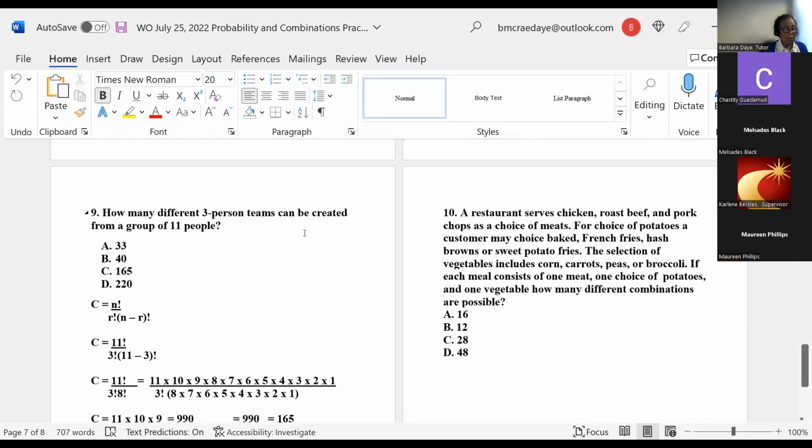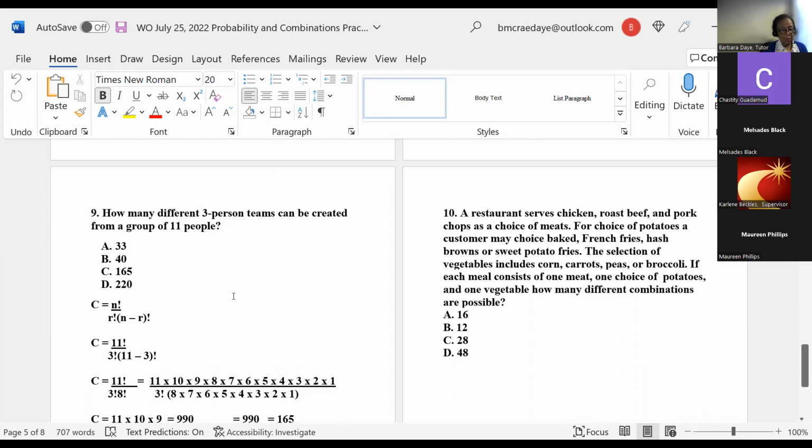Whenever you're given a total and a number that you're looking for, you're looking for 3-person teams out of a group of 11. So whenever you're asked to find a number out of a number, then you use the combination.